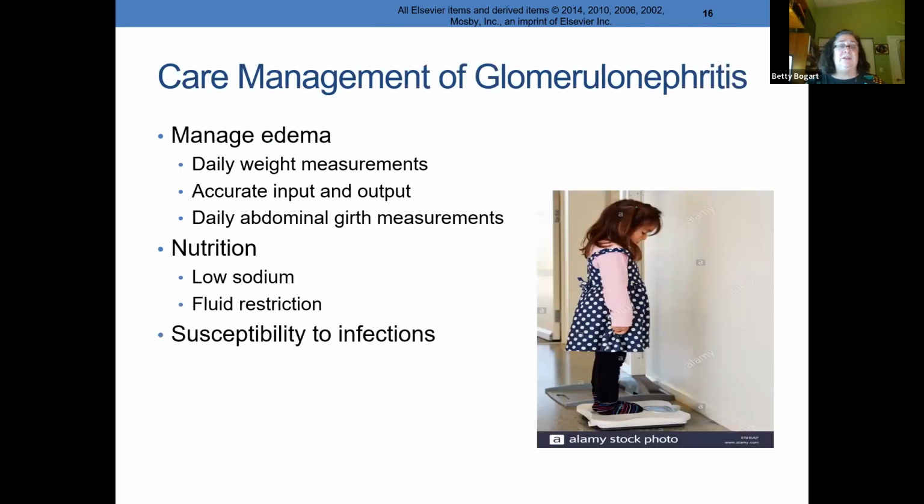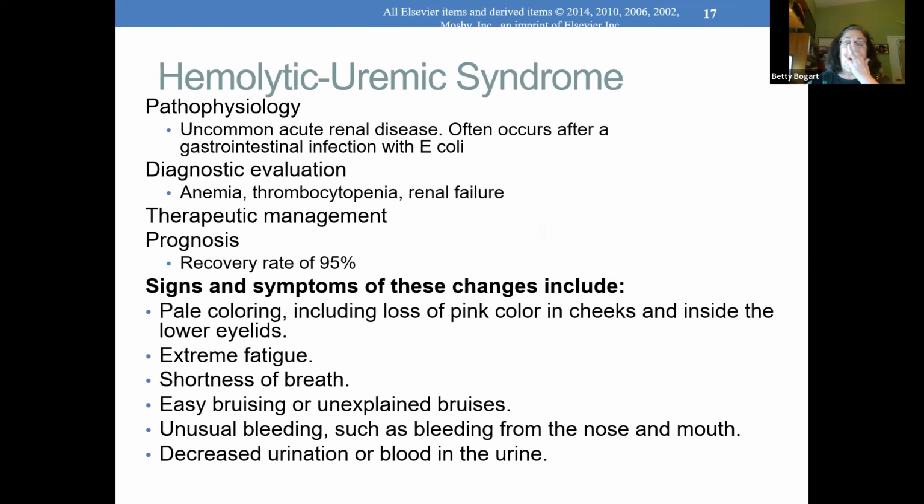So manage edema, nutrition, and again, be careful with infections on these children. Hemolytic uremic syndrome is an uncommon disease, but it's from E. coli. E. coli from the bowel goes up into the urinary tract, and it causes thrombocytopenia and renal failure.